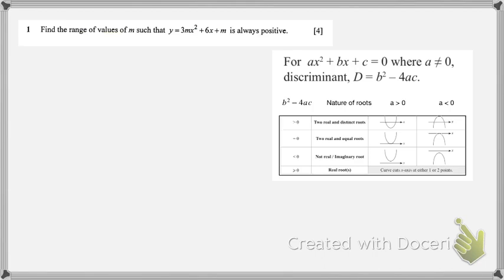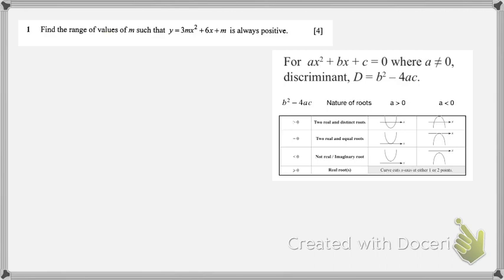So if you look at b squared minus 4ac, if it's greater than 0, there are obviously two real and distinct roots, and the curve will cut the x-axis at 2 points, regardless of whether a is greater than 0 or a is less than 0.